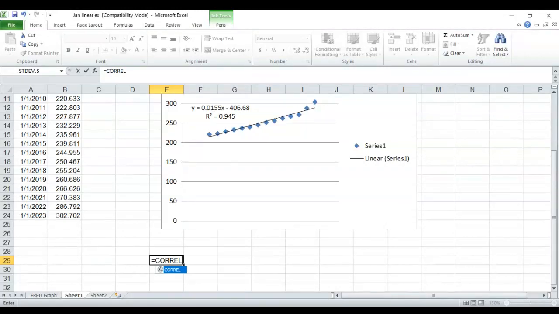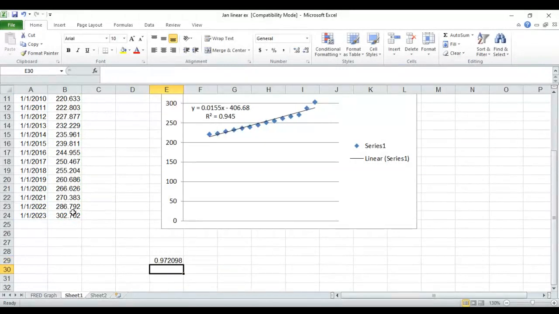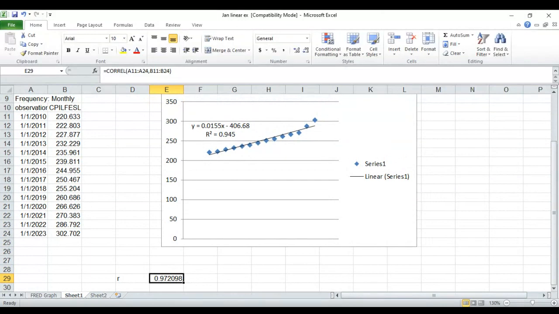That's the command for little r. Then I put a parenthesis, pick the dates, your first column, comma, and then pick the second column. Close your parentheses, and that is our correlation coefficient. And it's really close to 1, which is a good thing because you see that that line really does match those points.